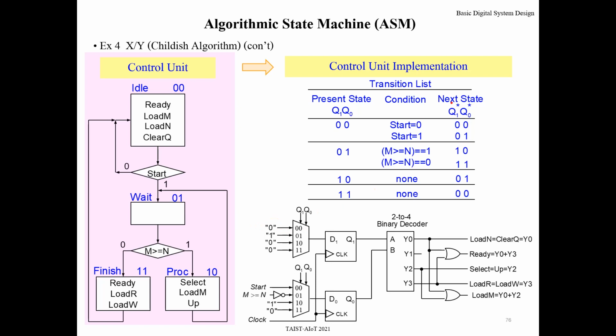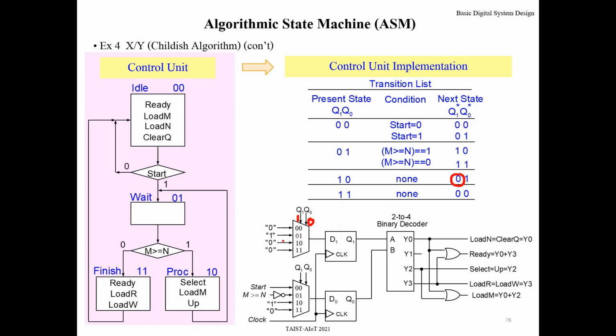Now focus only on Q1. At state 0 1, Q1 is 0, Q0 is 1. You read data from this, and at this state Q1 star is 1, right? Constant 1. So you connect 1 here. And at state 1 0, when Q1 is 1, Q0 is 0, no condition, the next value of Q1 star is 0.